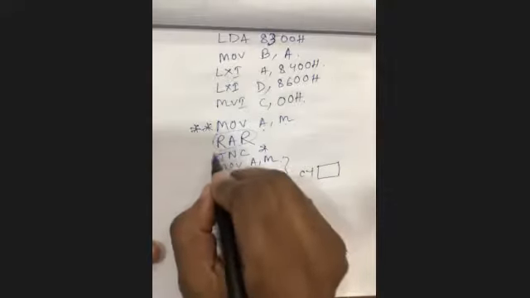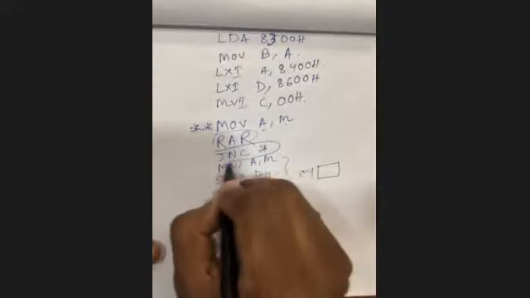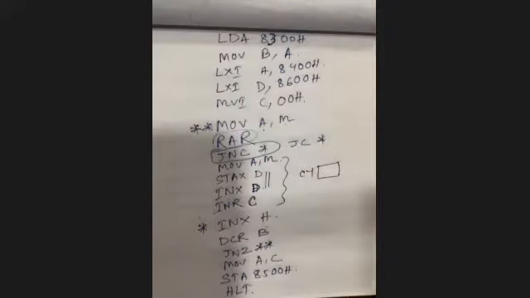So we replace these instructions with JC START, and the program remains the same. It is nothing but the even number program, to find out the even number. Is it clear? Yes, sir. Only one line is changed.